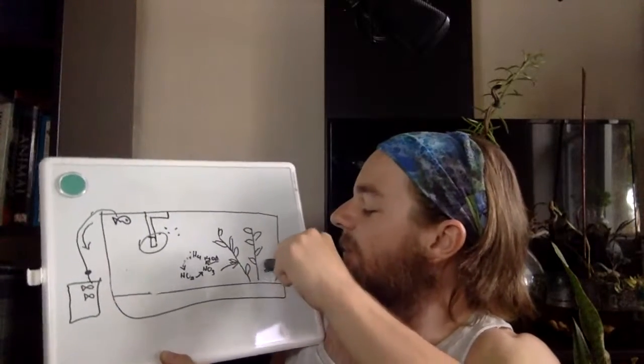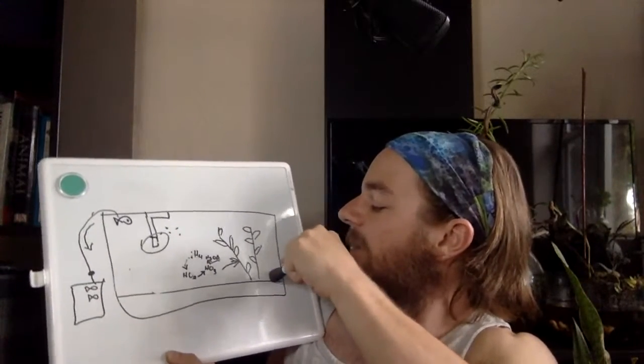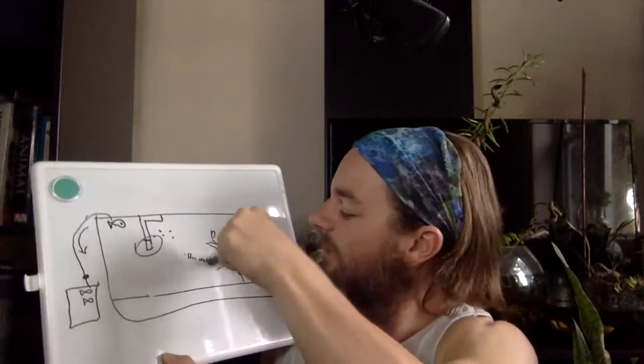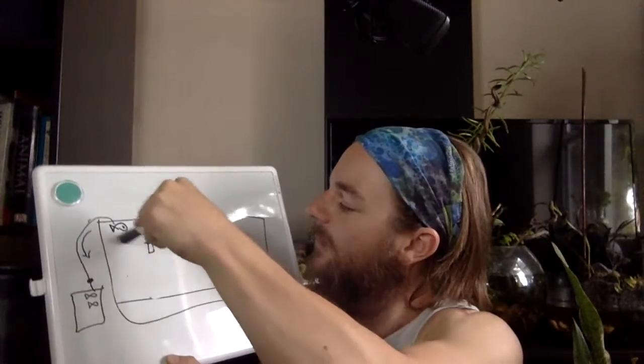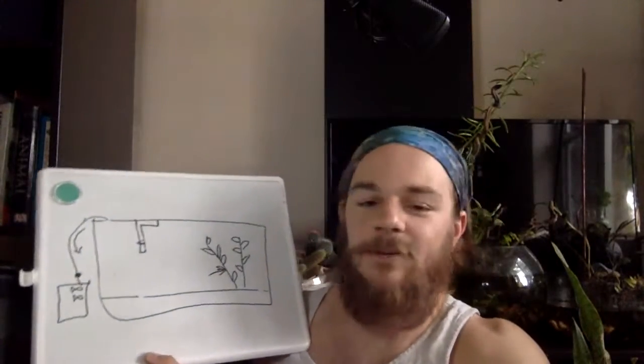Another video for another day, but that will help get rid of this guy, so that your tank, now that you've done your water change and everything, is nice and clean. All right, so I think that about covers all the stuff that I have.